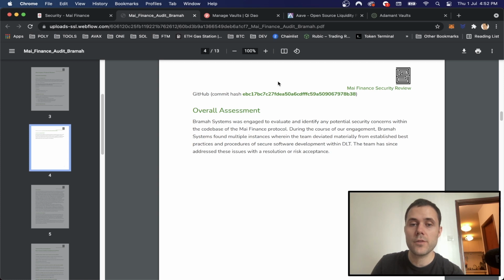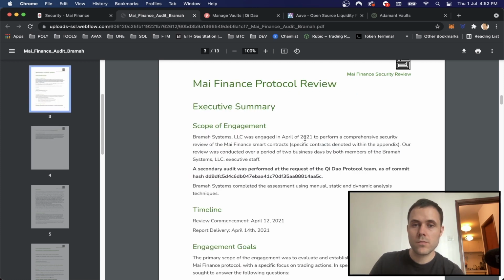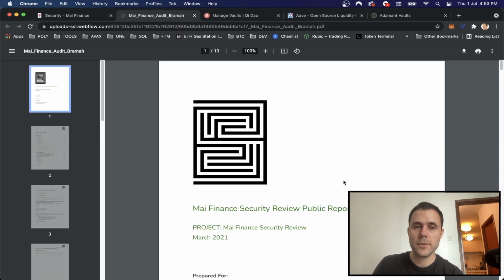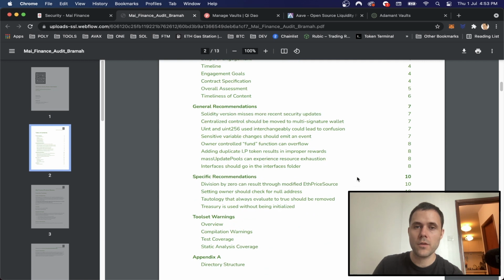The team has since addressed these issues with a resolution or risk acceptance. This was started in April of 2021, not so long ago, and a secondary audit was performed as well. To be honest, I've not heard of Brahma Systems, but it looks like quite a significant audit. I don't really feel like I have the knowledge to comment on that in detail though.